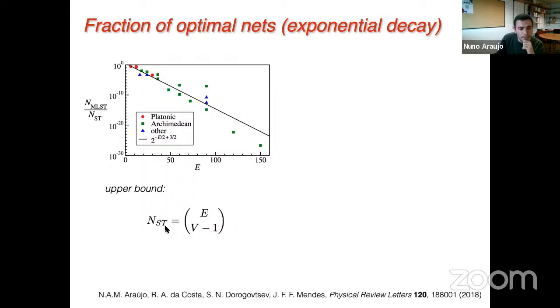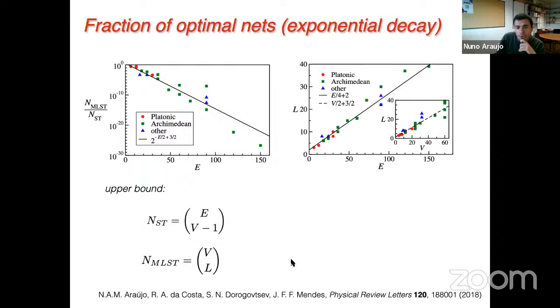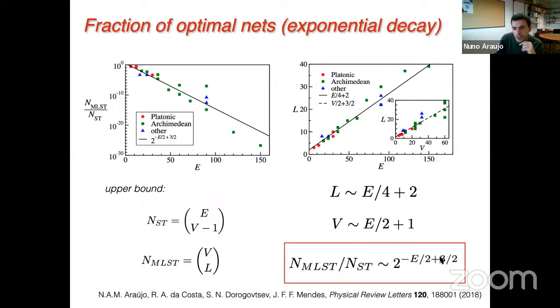This is an upper bound for the number of spanning trees. And you can do the same for the maximum leaf spanning trees. If you know the maximum number of leaves you can have, then the maximum number of maximum leaf spanning trees is the combinations of VL. By looking at our numerical data, we can see that the number of leaves scales linearly with the number of edges. The number of vertices also scales linearly with the number of edges according to this law, and therefore you can explain why you have an exponential decay by relating these two different quantities.